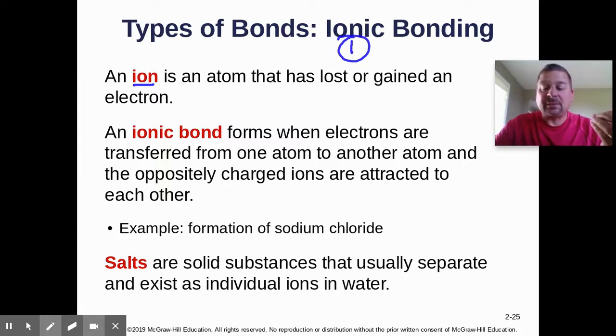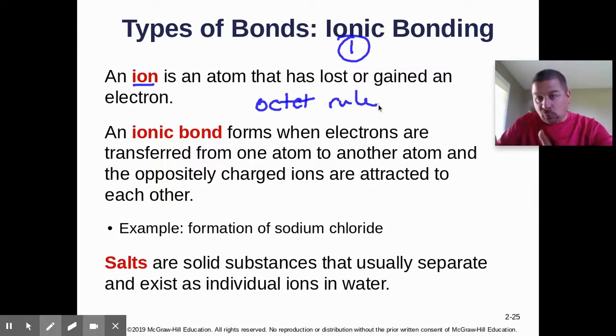Okay, so they're electrically neutral, but they're not chemically stable because they like to follow that octet rule, okay, where they like to have a full outer energy level of electrons.